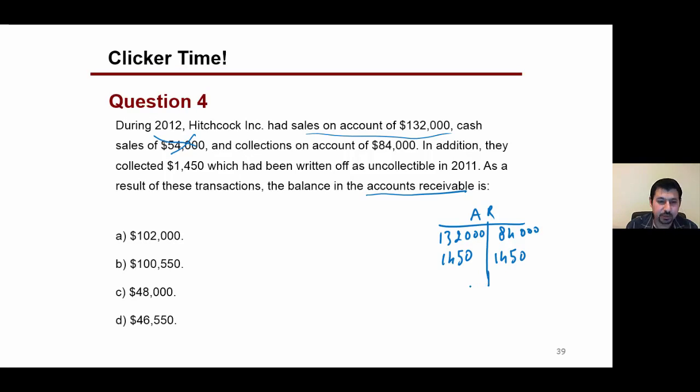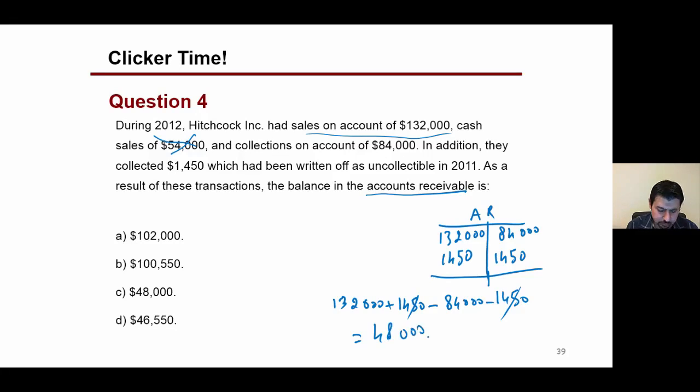This was when the company had basically collected the cash, and here we have 132,000 plus 1,450 minus 84,000 minus 1,450. Those two will cancel each other out. As a result, the balance in accounts receivable will be 48,000. So the answer would be C.